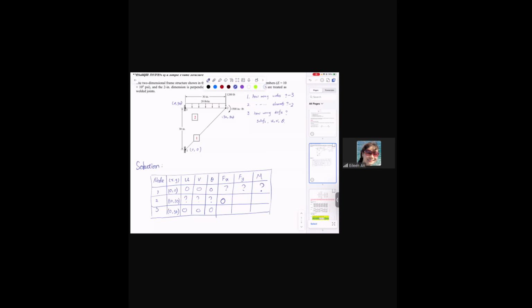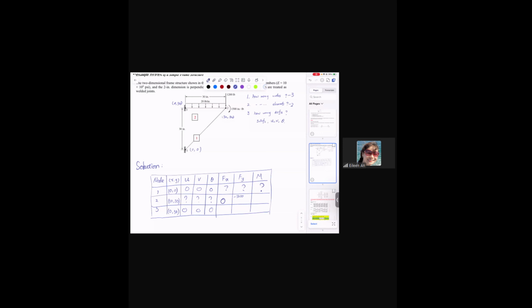So minus 100, 1200. As well as the distributed load. Give me an equation or a certain number for this distributed load.